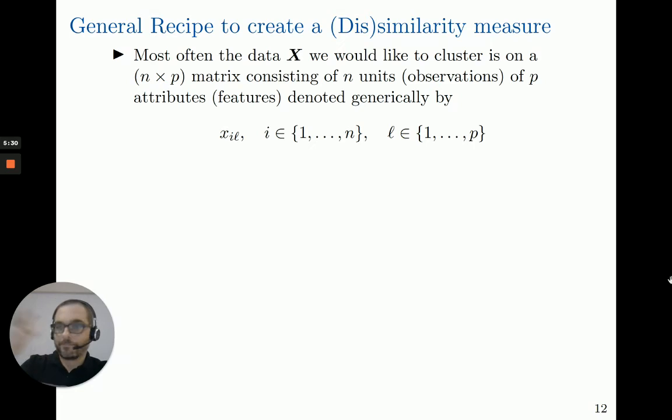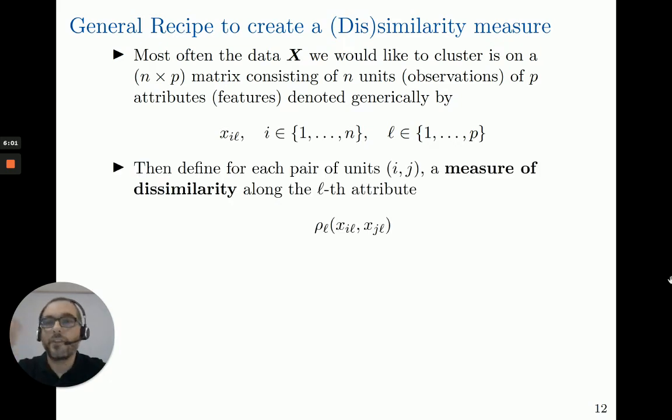So let's go to the math. We have a collection of data, X, and we would like to cluster an n times p matrix consisting of n units, observations, of p attributes. Then we denote generically by x_il, where i indexes n and l indexes the attributes.